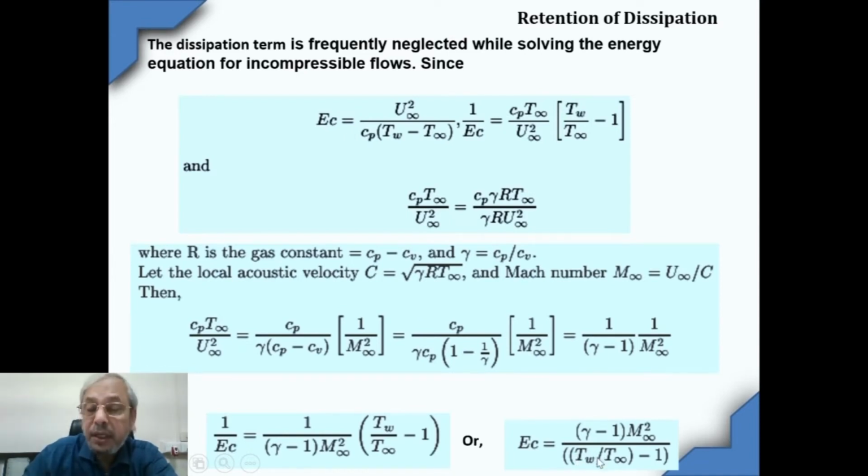If it is an internal flow, maybe the wall is heated to a temperature Tw. So Tw by T infinity is the temperature ratio available in the flow field. We can say highest by lowest temperature ratio minus 1. So Eckart number is given by this.